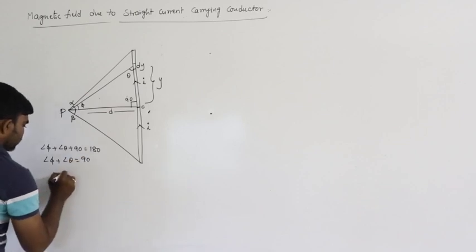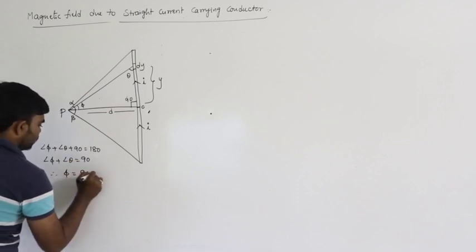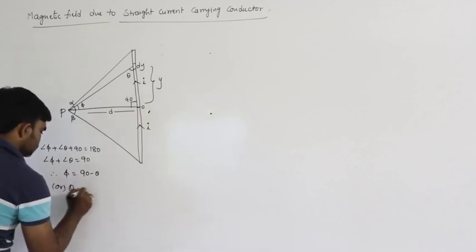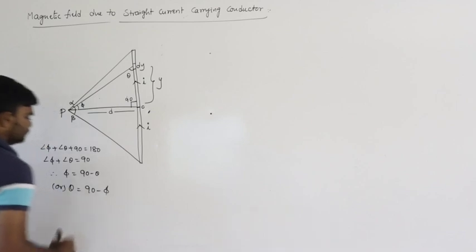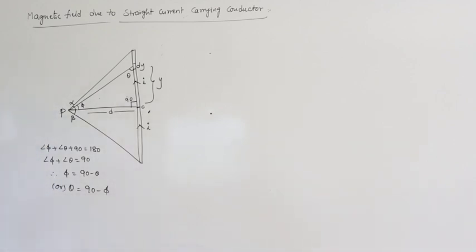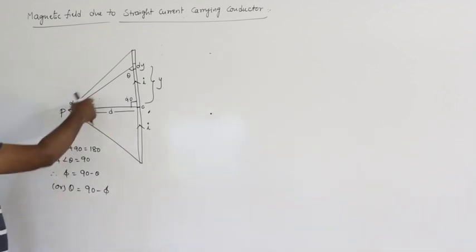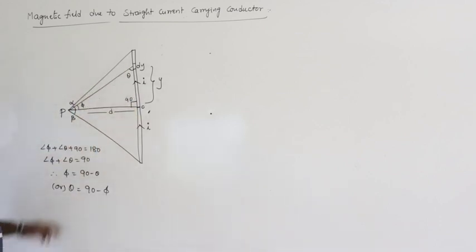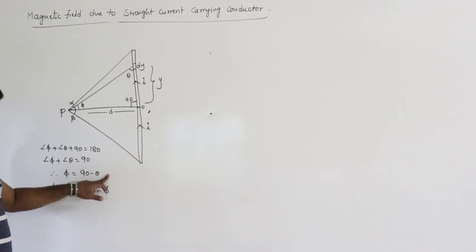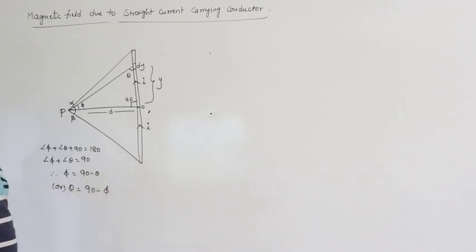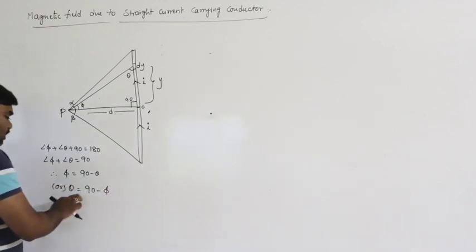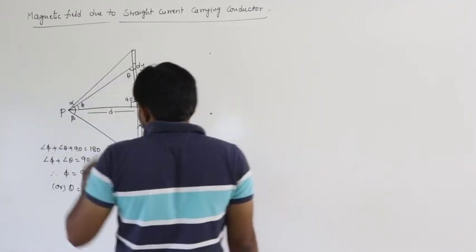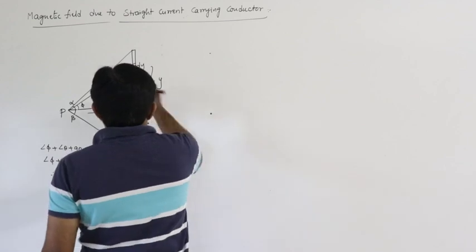So from this we can write phi is equal to 90 minus theta, or theta is equal to 90 minus phi. From this right angle triangle, the total angle in the triangle is 180. So that is the situation in this condition.